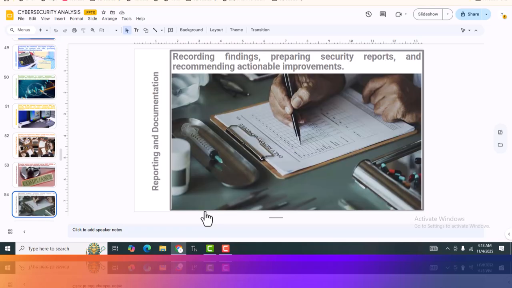Another one is reporting and documentation. Reporting and documentation is important for future reference, to help clarify what we are doing or what we have done, and also for proper accountability and transparency. It is important for recording findings, preparing security reports, and recommending actionable improvements that we can carry out.